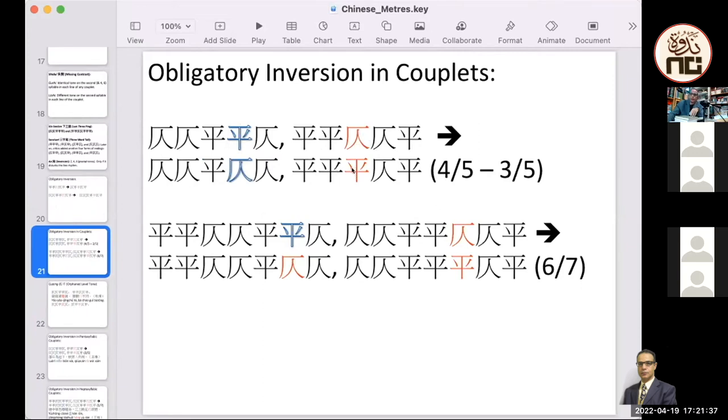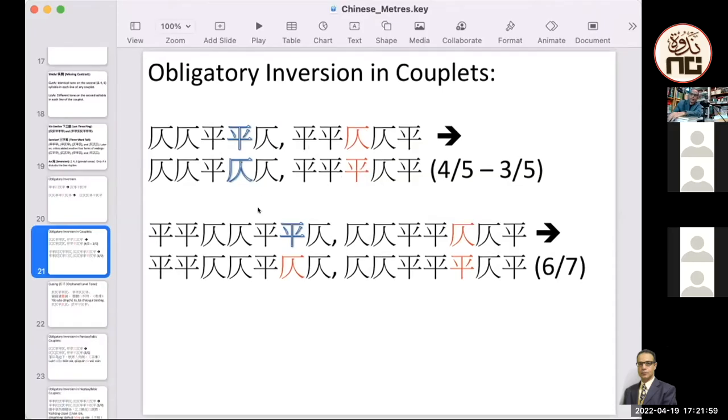This is for the sake of striking a balance in the rhythm, and also to avoid copying, because if you change the ping into zi, you have only one ping here. So you have to make it up.